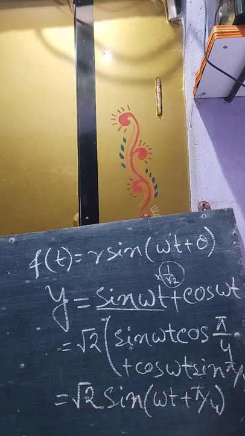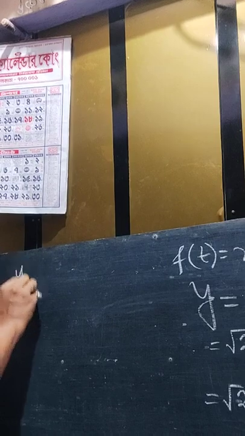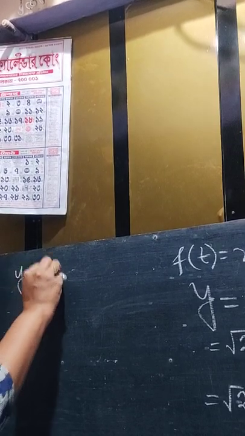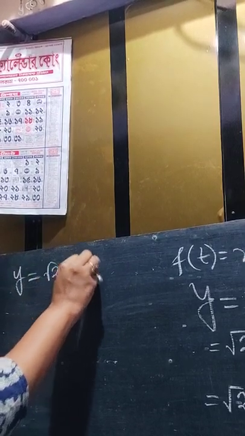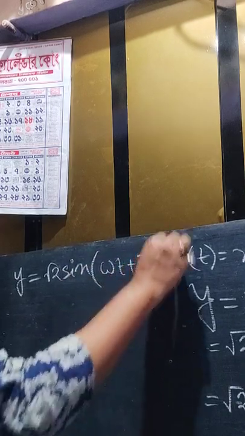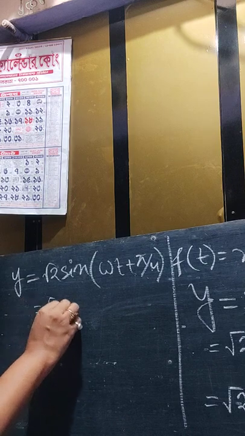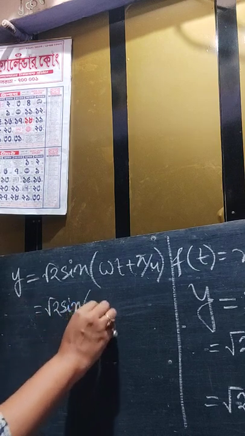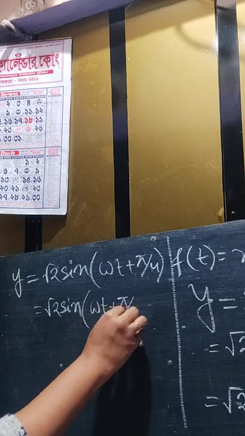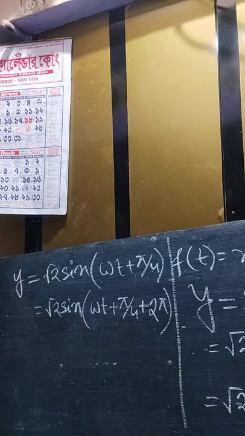Now come to this part. Y is written as root 2 sin (omega t plus pi by 4). Okay. Now, instead of this pi by 4, I can write plus 2 pi. Okay.